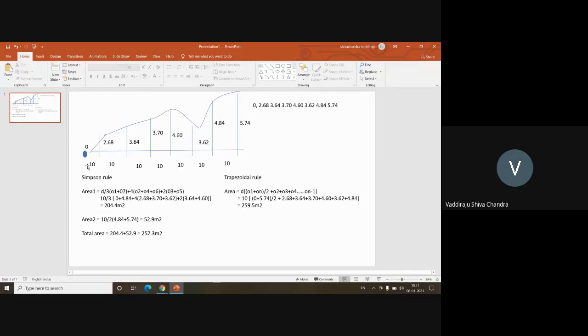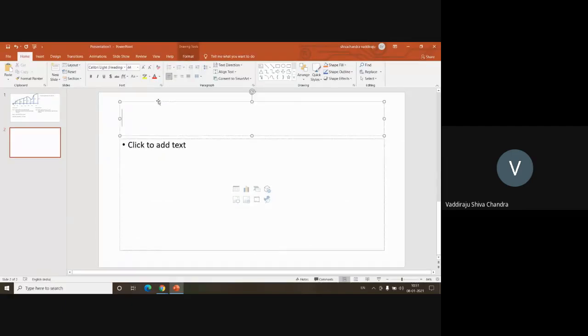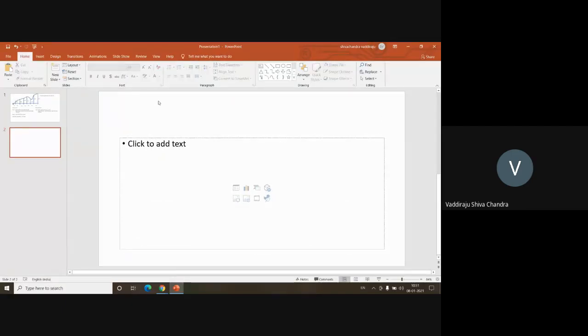The following offsets were taken from a chain line at regular intervals of 5 meters: 2.72, 3.46, 5.23, 6.80, 4.86, 3.35, 3.00, 2.50, 1.60.